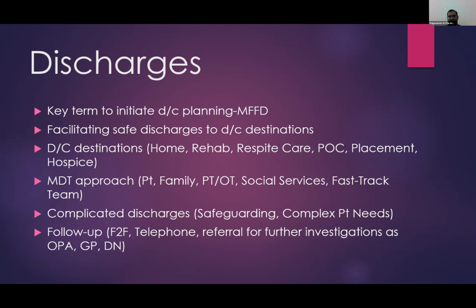A lot of the time the reason might be safeguarding. When we talk about safeguarding, it basically means if there are any concerns with, for example, their current package of care at home, any signs of neglect or abuse, this is something that we need to get on top of before we can safely discharge the patient.